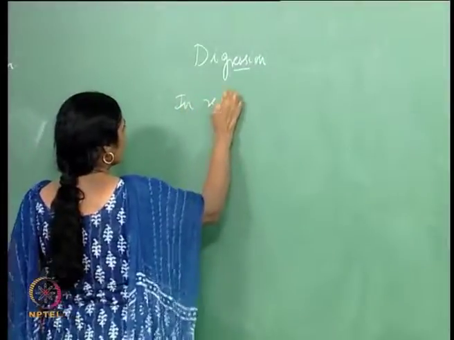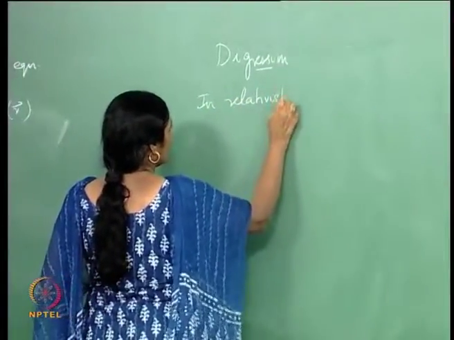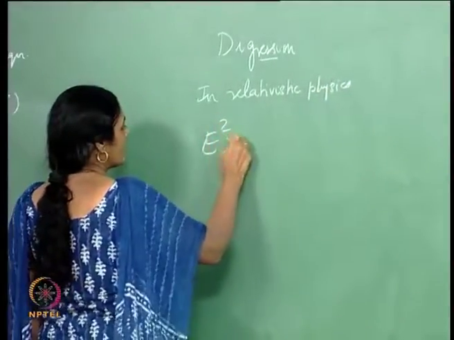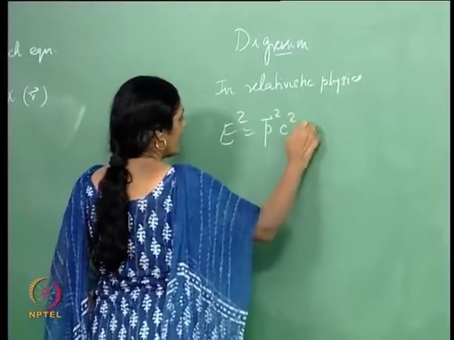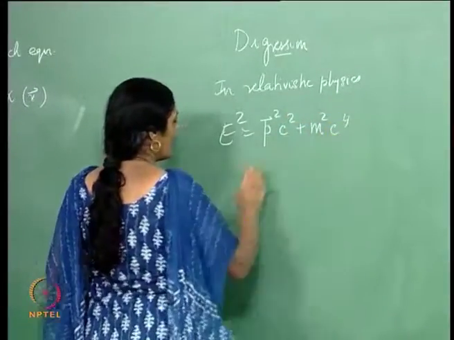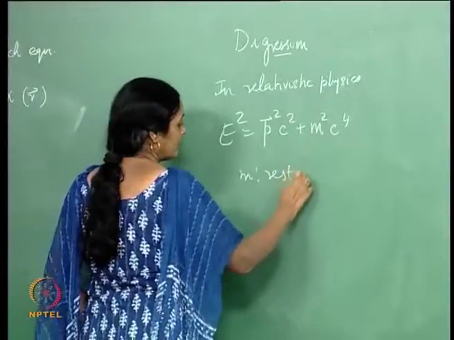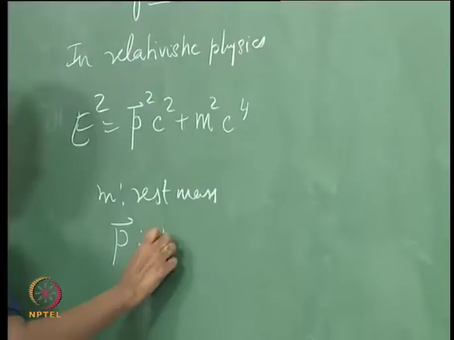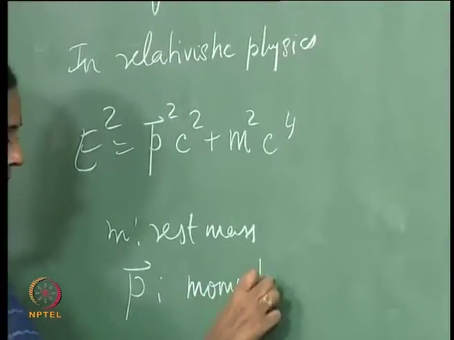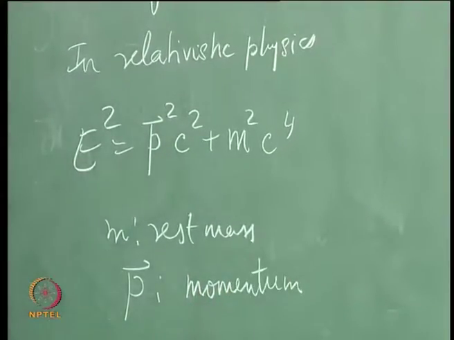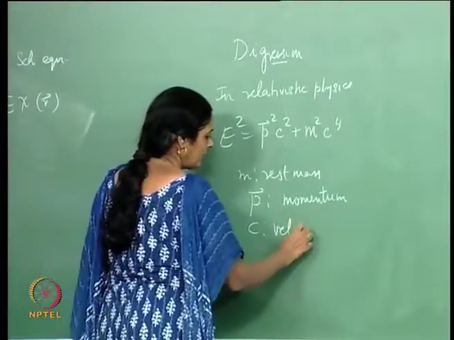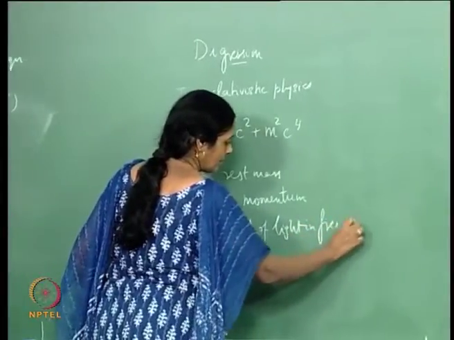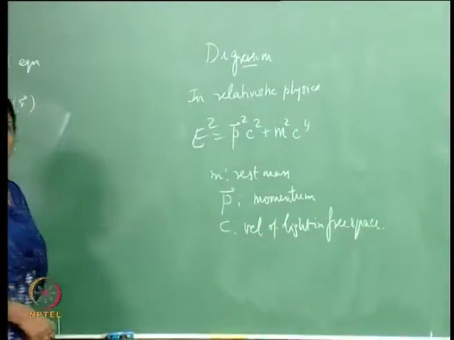In relativistic physics, I know that E squared is P squared c squared plus m squared c to the 4, where m is the rest mass of the particle, and I consider the particle with linear momentum P. c is the velocity of light in vacuum, and this is the expression for energy.